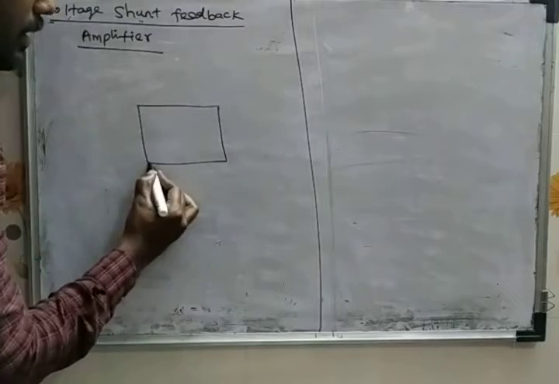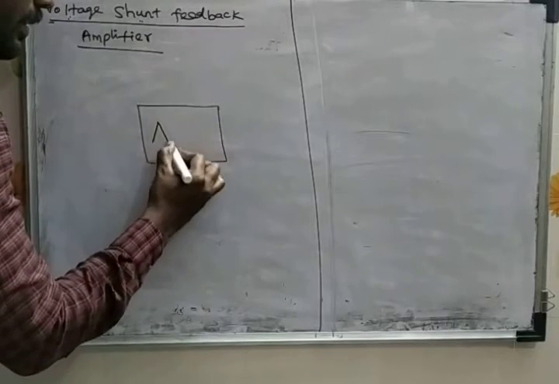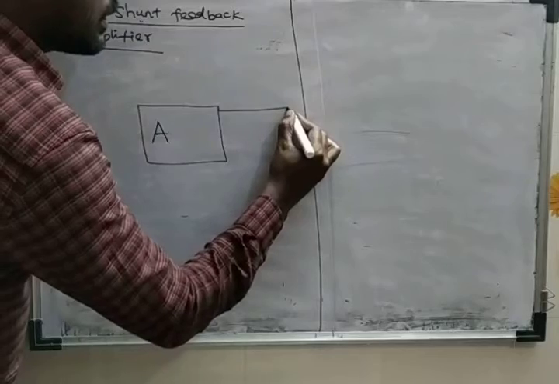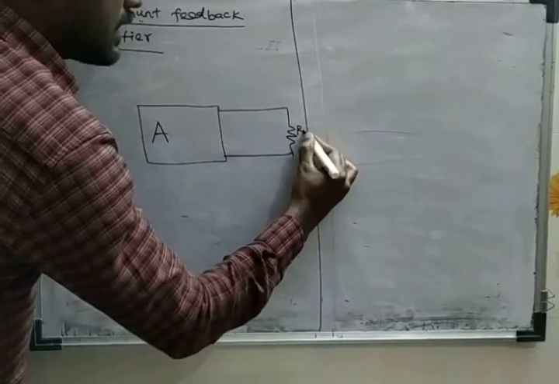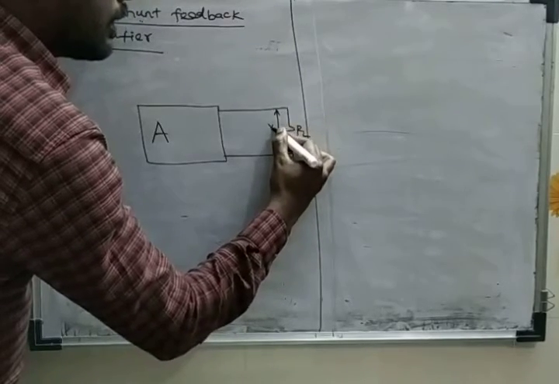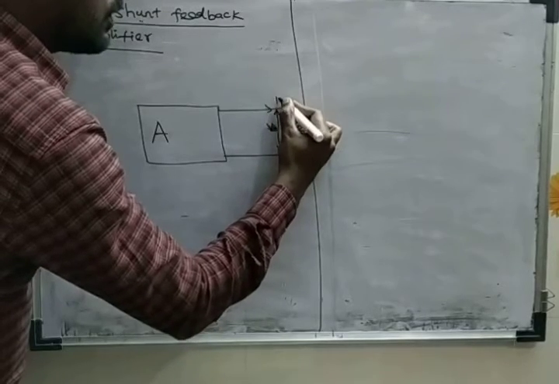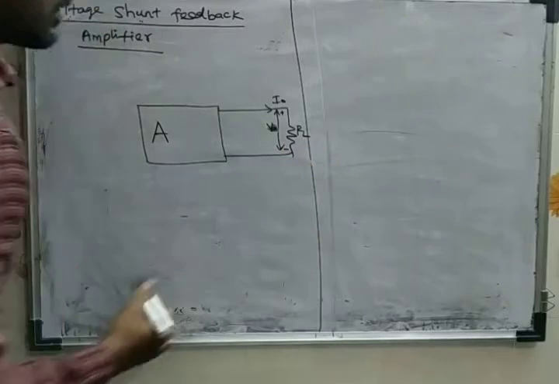So I am assuming an amplifier with gain A, and the output is taken across load resistance RL. The output is V0, and the current flowing through the load resistance is I0.